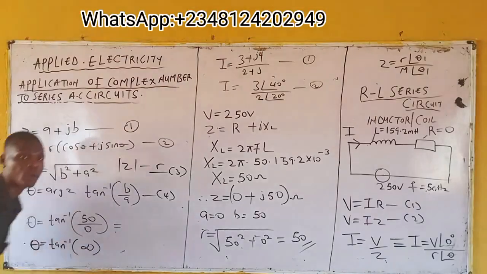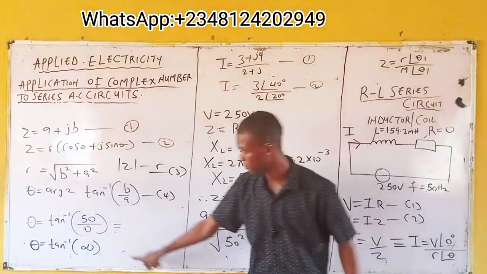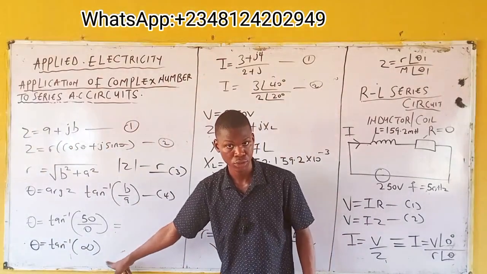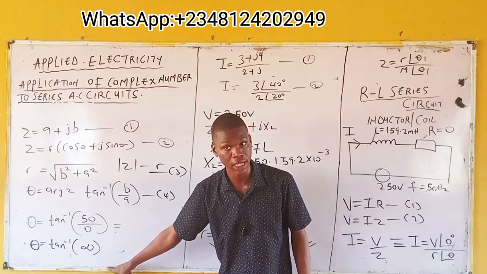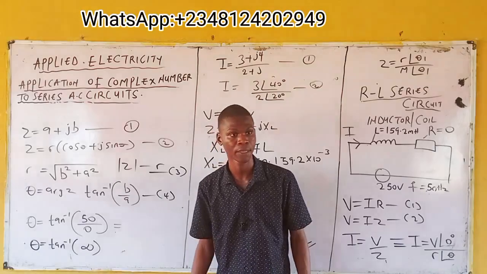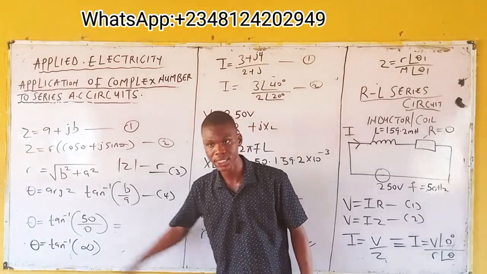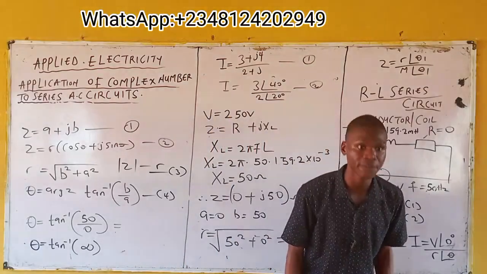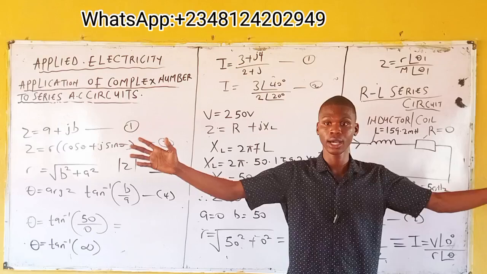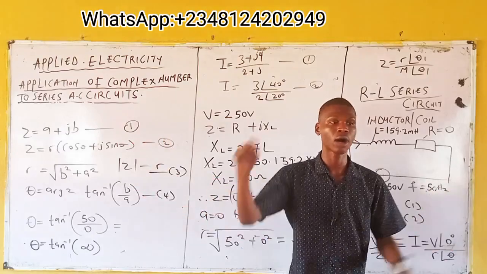Infinity. Now, check your calculator. Do you have an infinity sign here? Do you? It's not here. Now, how do we get this answer? The answer is 90. How is it 90? Now, what's the idea behind infinity? A larger number. Right? A larger number. Now, press down your calculator.